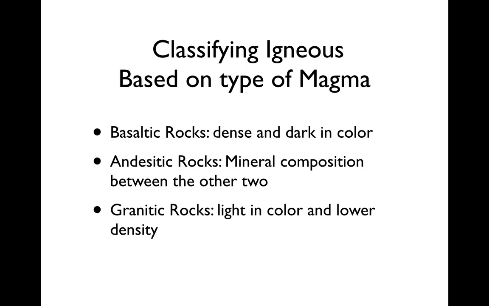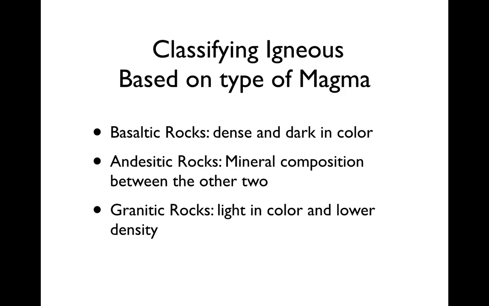Igneous rocks can be classified based on the type of magma, and there's basaltic magma rocks, and these are created with dark color magma. Their rocks are dense, and they are very dark in color, and this is where we get the black sandy beaches in Hawaii. Andesitic rocks, these have a mineral combination that gives them in between.